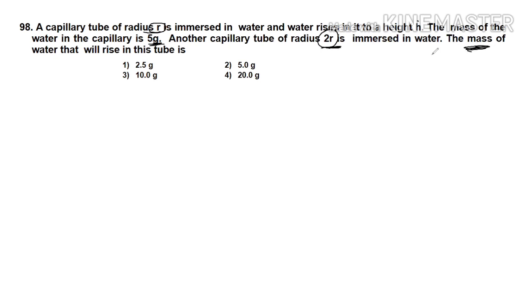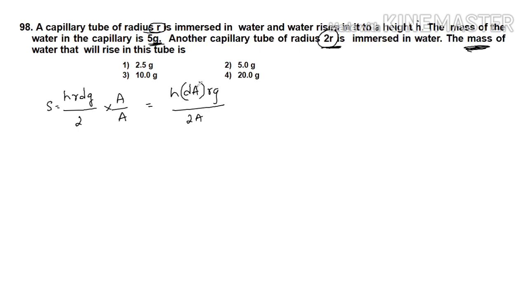So here it is a relation between radius as well as mass. So we know the formula for the surface tension, that is h r d g divided by 2. Just as we want the relation between mass and the radius, multiply a to the numerator and denominator. So we can write it as h d into a into r into g divided by 2a.